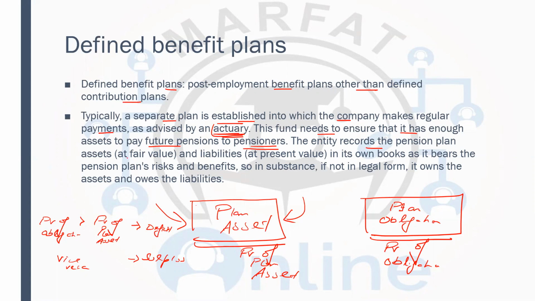The entity records the pension plan assets and liabilities in its own books as it bears the pension plan's risk and benefits. So in substance, if not in legal form, it owns the asset and owes the liabilities. Like even if you are managing it through a pension company, you will be recording the pension asset and the liability because you have the risks and rewards pertaining to the pension plan assets and the plan obligations.